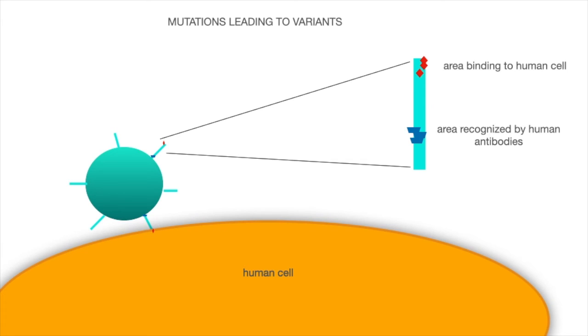And the infection that taught us about how these spike variations work is influenza. You know that you have to get a new influenza vaccine every year, and the reason for that is because it is constantly mutating, and eventually one of the mutations is going to overcome the rest of the mutations.